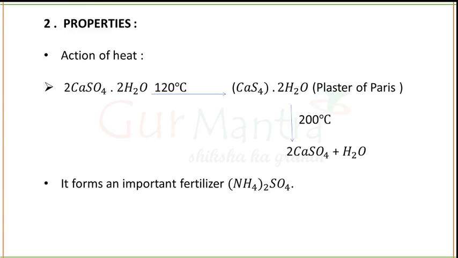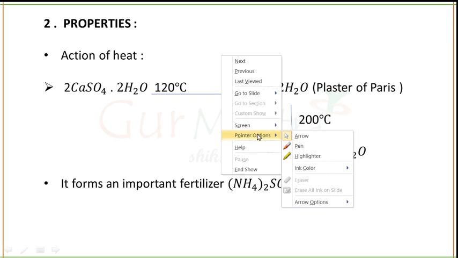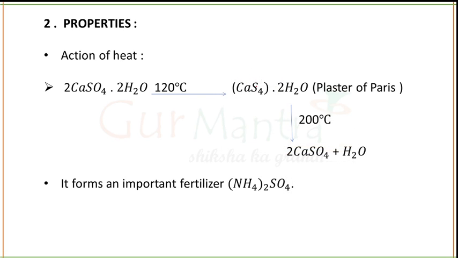Next is the properties of calcium sulfate. When you heat the hydrate of calcium sulfate at 120 degrees Celsius, you will get CaSO4 twice, dot H2O, and that is your plaster of Paris.